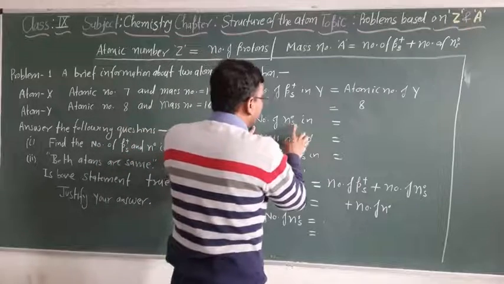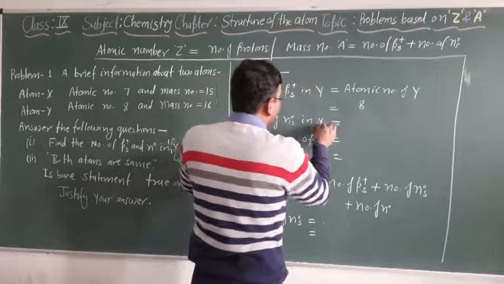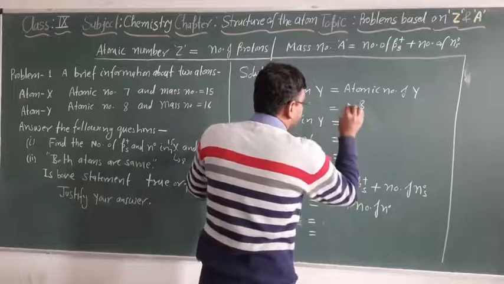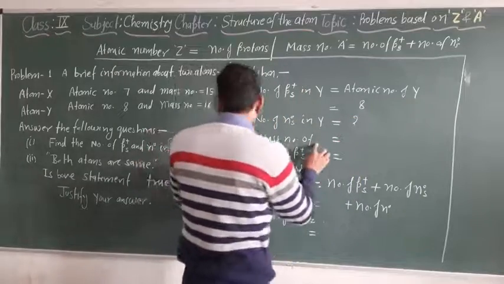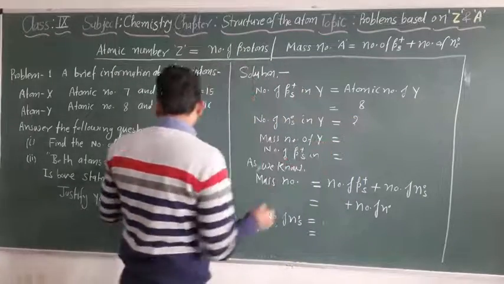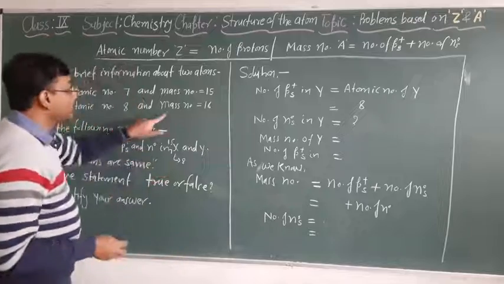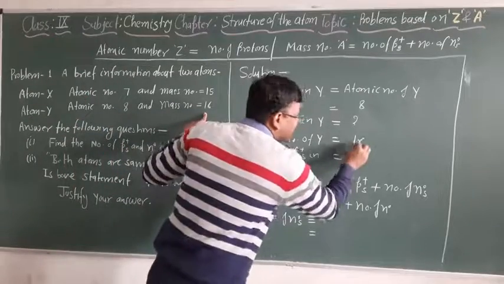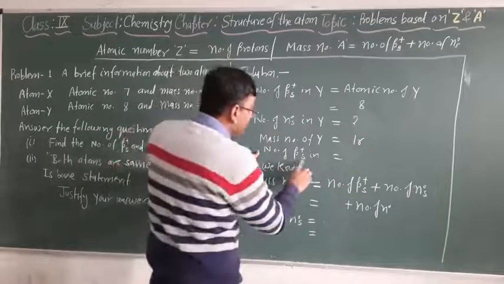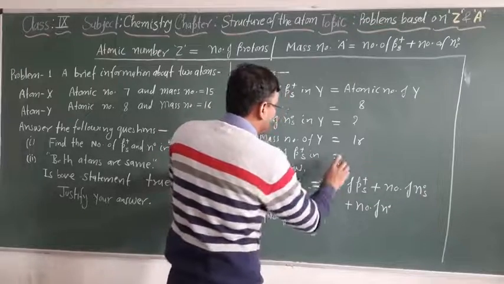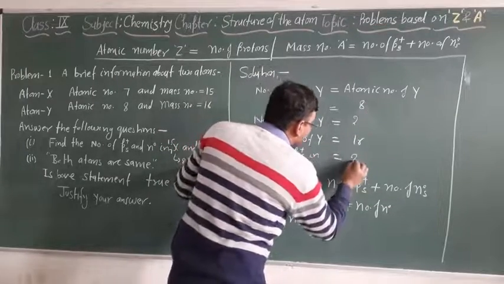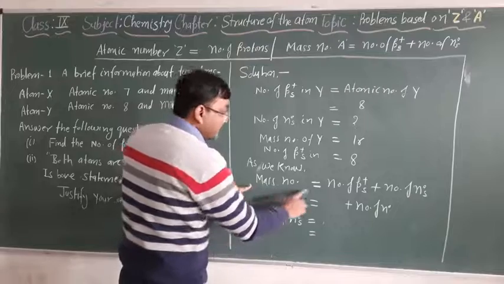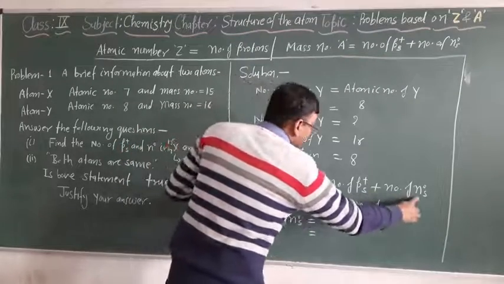Number of neutrons in Y: we need to calculate. Mass number of Y is given as 16. Now mass number is equal to number of protons plus number of neutrons.